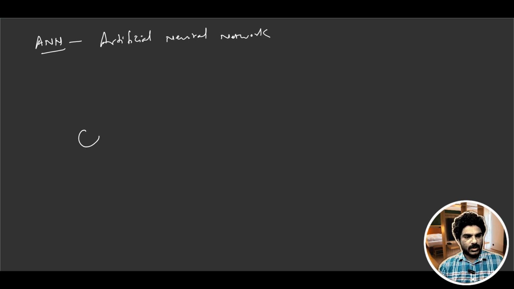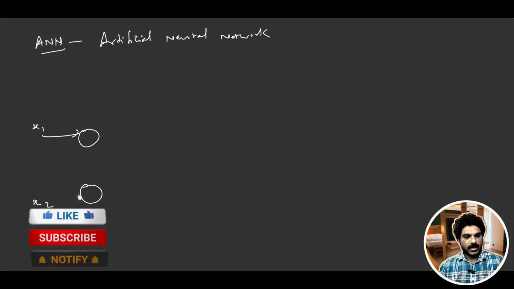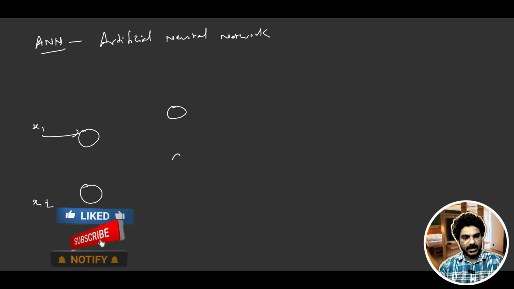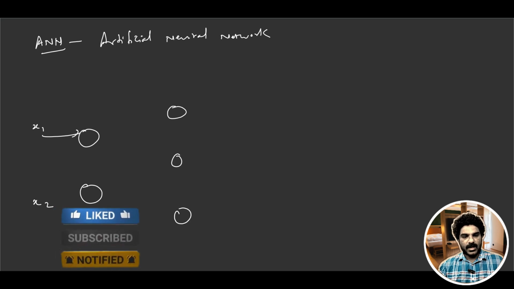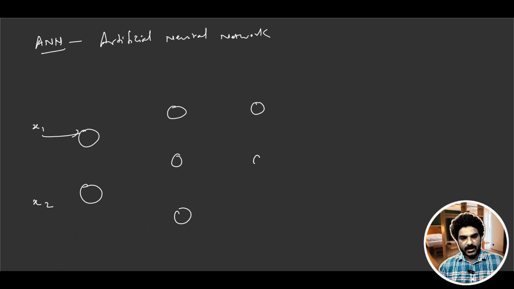So now let's understand ANN, artificial neural network. Let's take these as the inputs, x1, x2, and here I'll take a hidden layer, and let me take another hidden layer, and let's take the output.